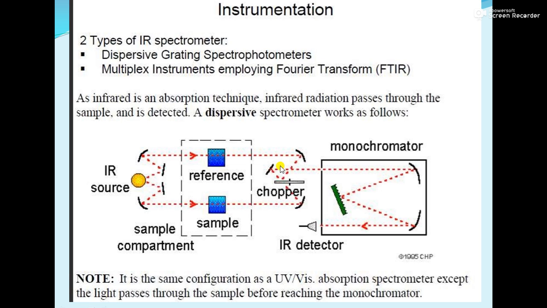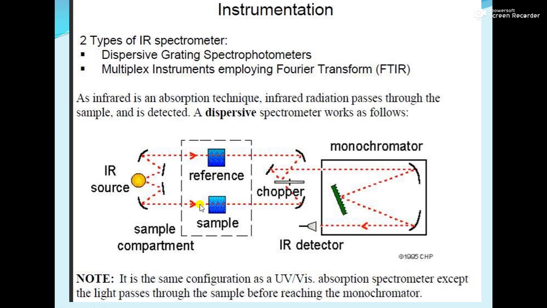Rest, the placement of chopper, the placement of reference, the placement of sample solution, is in the same way. As you can see, there is an IR source. These are the mirrors which are placed to change the direction of IR radiation. First it is passed through the reference solution and then through the chopper, and from the chopper it goes to the monochromator and finally to the IR detector.